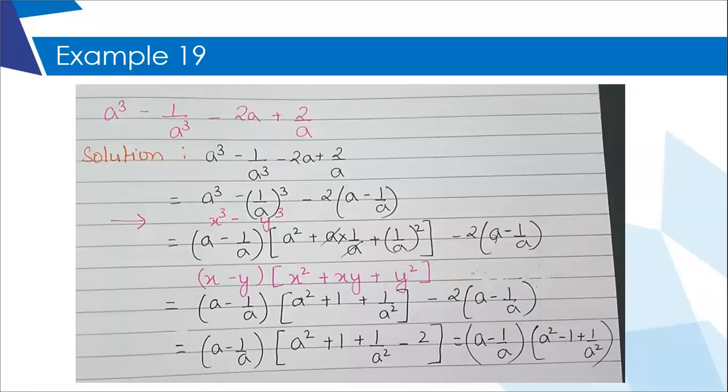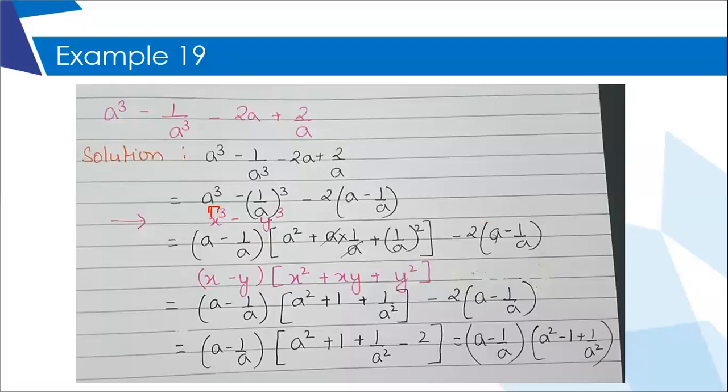That means my x will be actually a, and my y will be 1 upon a, isn't it? So now, this portion -2 into a minus 1 upon a will be written like that only. There is no cube over here, so you will just keep copying it for a few steps.